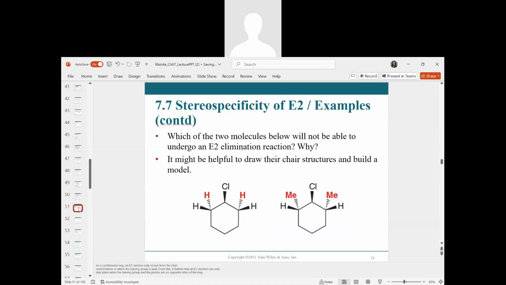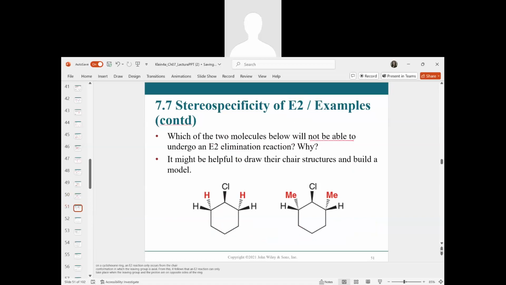And we have another example here between these two cyclohexane derivatives, and we're asked which of these two molecules will not be able to undergo this E2 elimination and why.